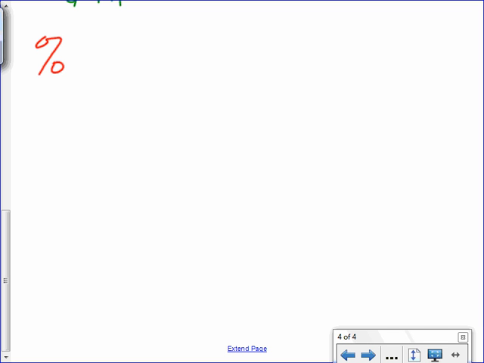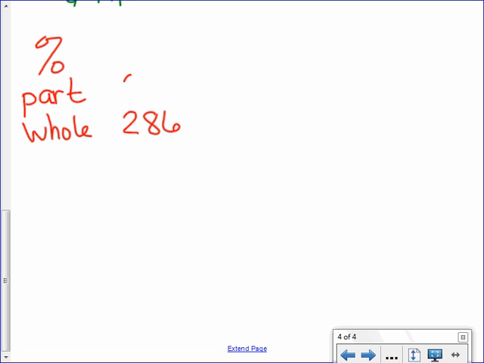Okay, so it might be helpful if you do this. When we set up a proportion, we have percent, part, whole. And that'll help you fill in what's missing. So it says, out of 286 students, I saw the word of. So 286 is going to be my whole. 234 passed, so that's my part.